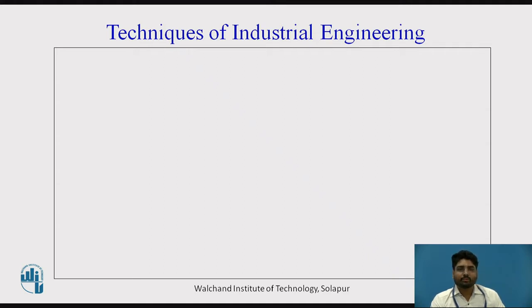The various tools and techniques of industrial engineering are: first is method study, to establish a standard method of performing a job or an operation after thorough analysis of the jobs, and to establish the layout of production facilities to have a uniform flow of material without backtracking.